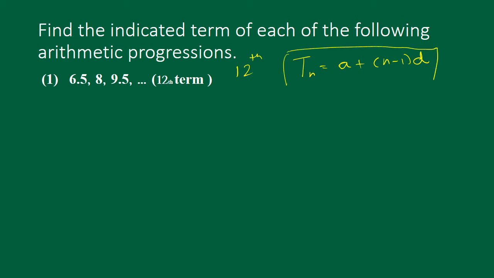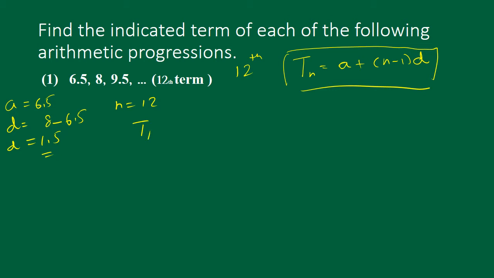You can see that a is 6.5, right? d is 8 minus 6.5, that means 1.5, and n is 12 because you are looking for the 12th term, right? And you can say t12 is a plus 12 minus 1 into d, right?